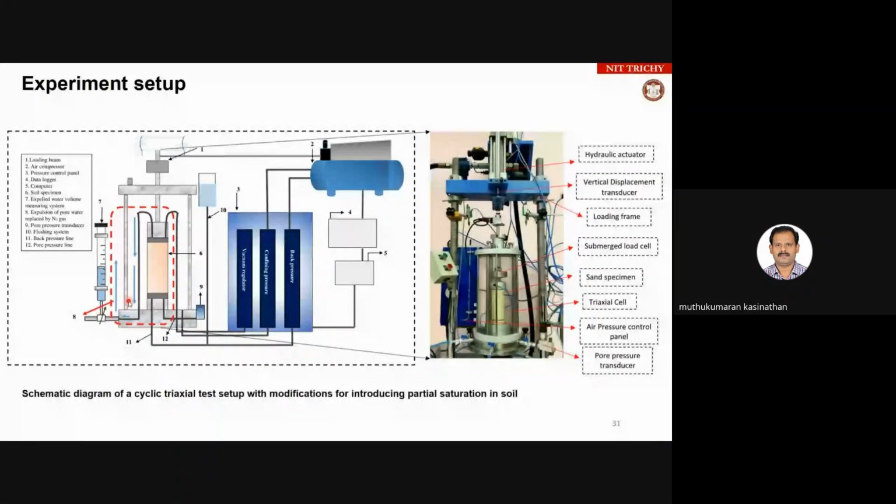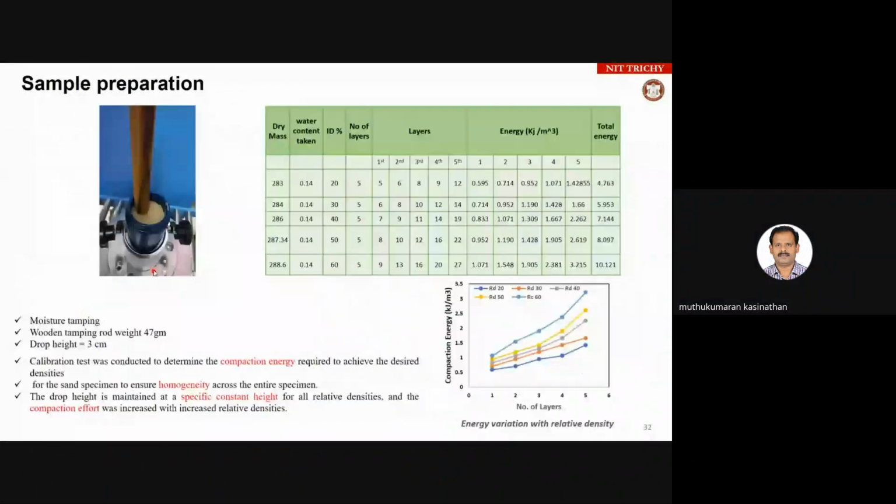We have quantified the replaced water from the water volume, with more air bubbles introduced in the system. The liquefaction system in the mold is prepared in such a way that uniform density is maintained, to introduce the liquefaction related problem.